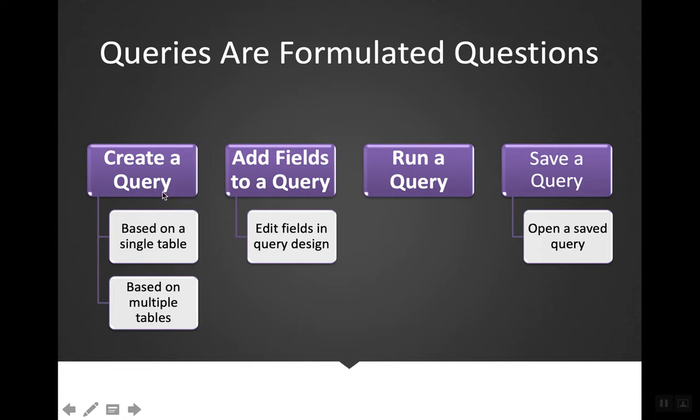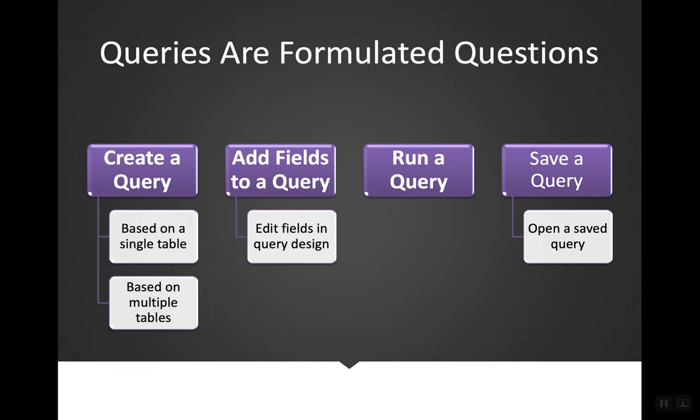You start by identifying whether you want to do it on a single table or on multiple tables that are joined together. We'll look at that, but right now the simplest case will be a single table. You then add fields to the query, meaning what fields you want to extract. You can then run it, and finally, when you're done, you can save it for future use.